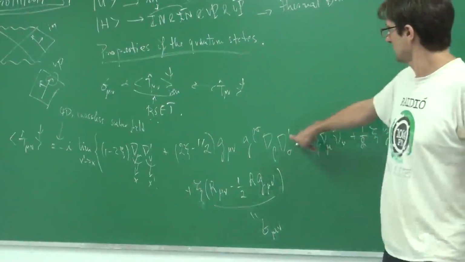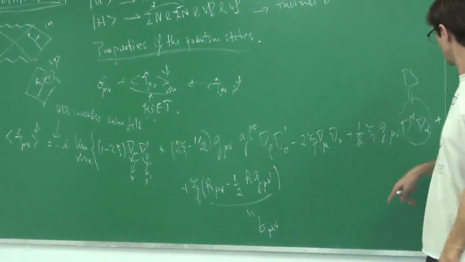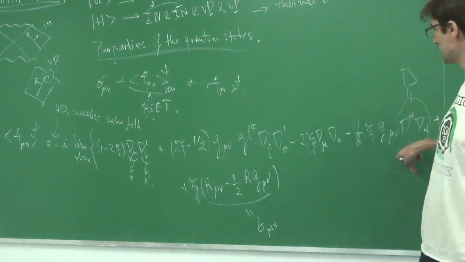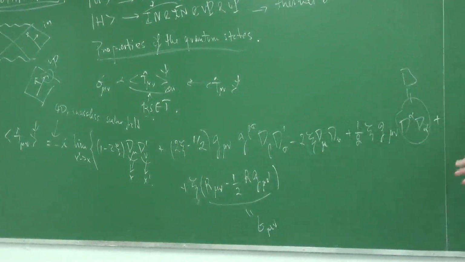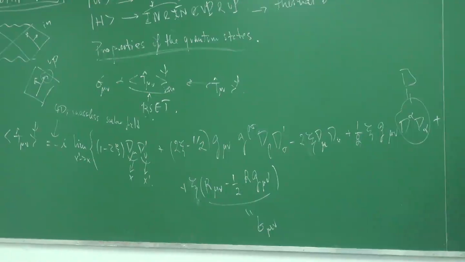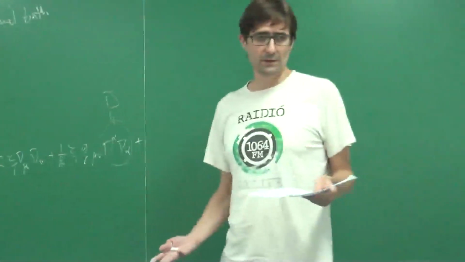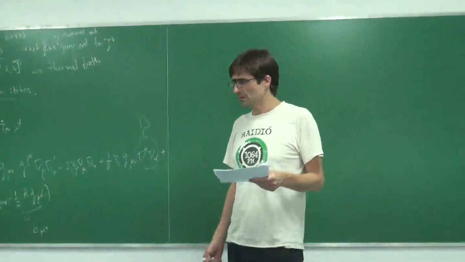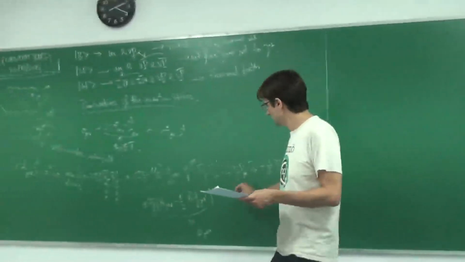Otherwise you won't be able to define that box, right? If one is prime. So, I think this is correct. We're not going to use this anyway. I'm just giving it to you just for you to have an idea. You can find this in many books.